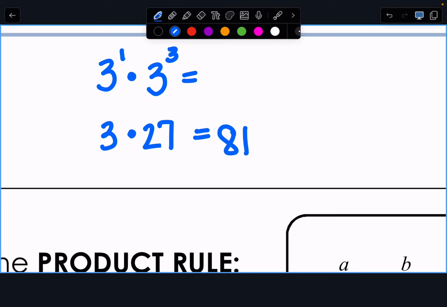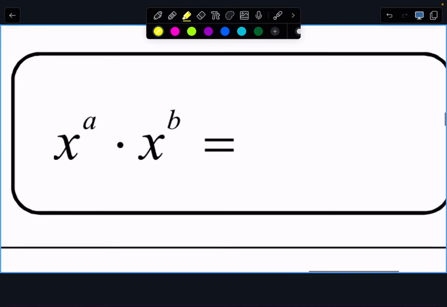Okay, so we know it's 81. 81 is 3 to what power? 4. Look at that. Okay, here is our product rule.